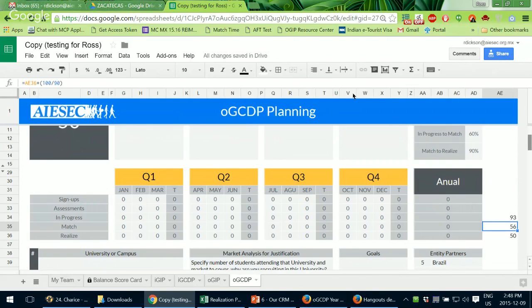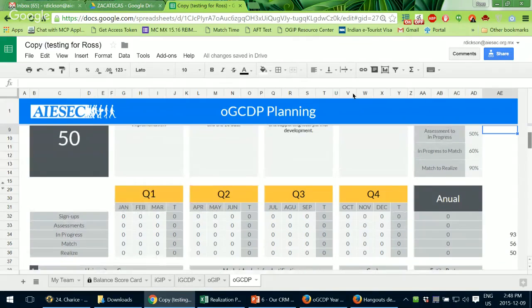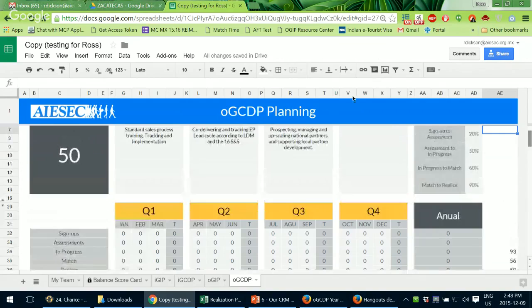All right, now if we scroll up here, you can see the other conversion rates, 20% and 50%. So now I want to know how many assessments, how many coffee chats I need to have with EPs. So I'm going to click equals 93 times bracket 100 divided by 50.